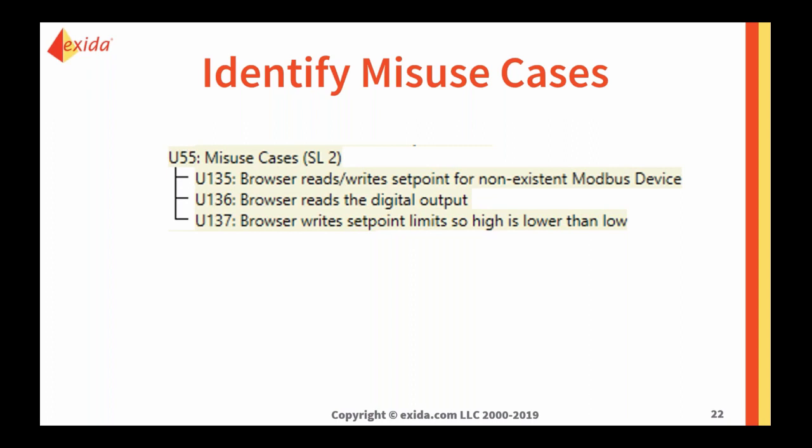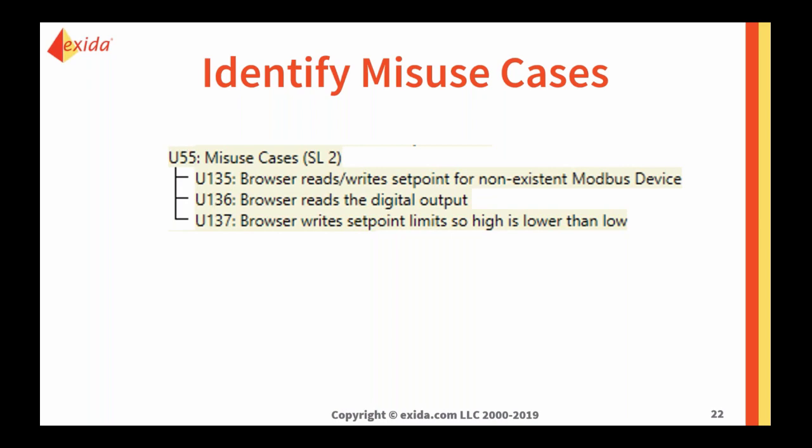In other words, the system should have been configured such that reading an output should cause an error or some other kind of flag saying, hey, this is an invalid operation. So that might be a misuse case. In terms of cybersecurity, somebody doing that might be probing to find out if there are different devices on the network, or how the system responds to invalid inputs and so forth.